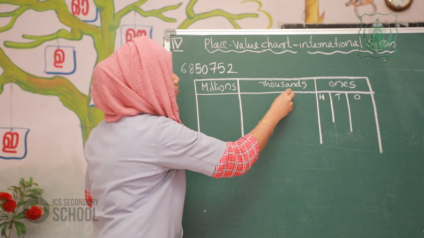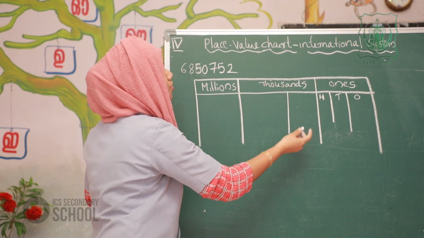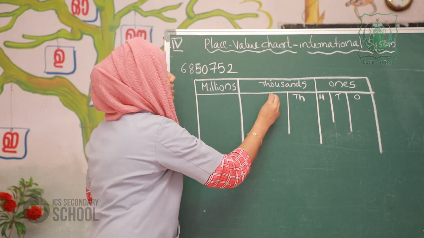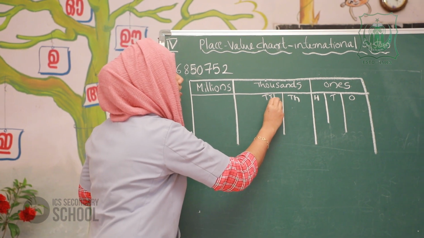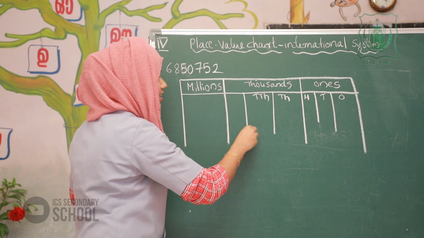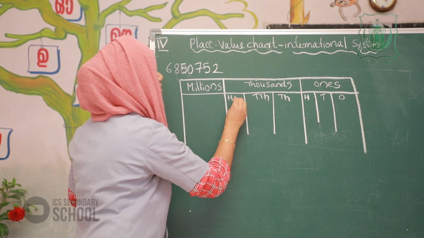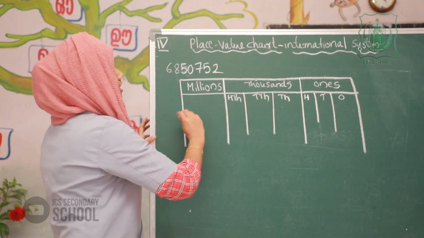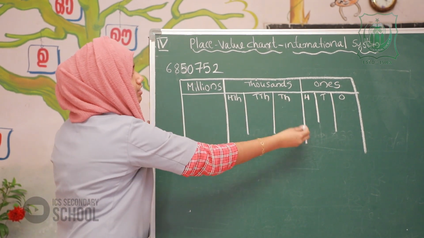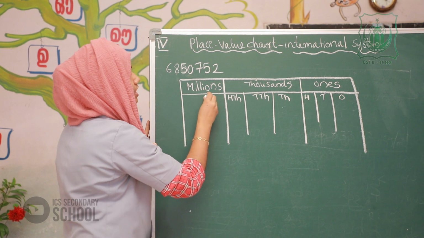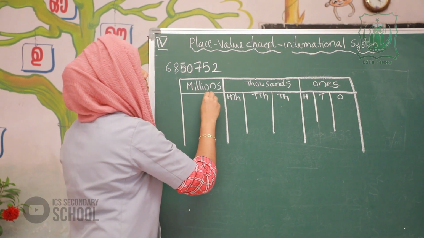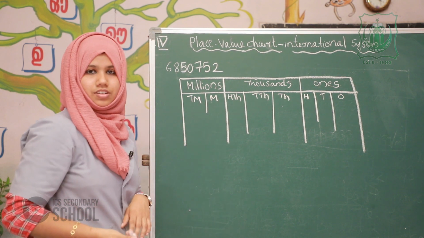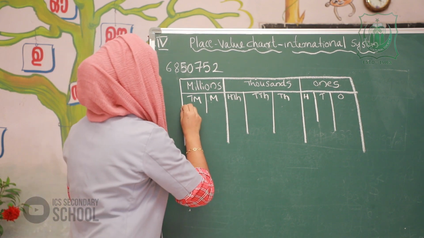Next, thousands is again divided into thousands, ten thousands, and hundred thousands. I am not writing the number names, I am only writing the symbols. Okay. Next is 1 million, 10 million.